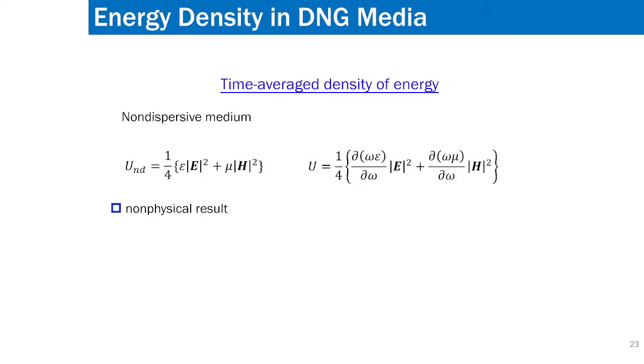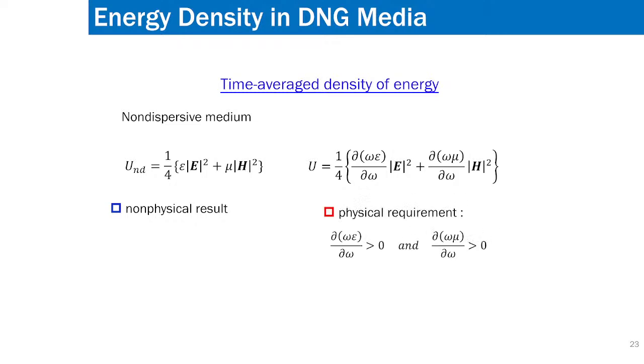Now remember that we have said that epsilon and mu both are dispersive in the DNG media. Therefore, both are functions of frequency, or angular frequency. So this is the actual expression for energy density in the DNG media or in the regular non-dispersive media. This is the generalized formula.